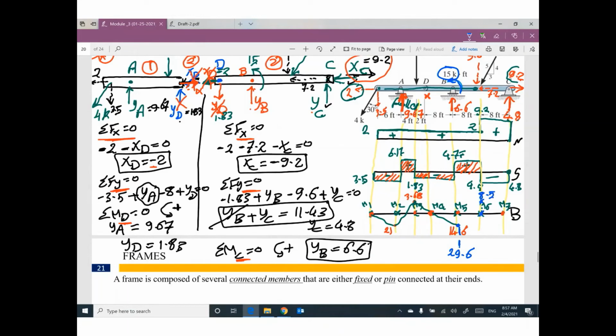The last one will be negative 4.8 times 8. You will have 0. So you can connect between these values.